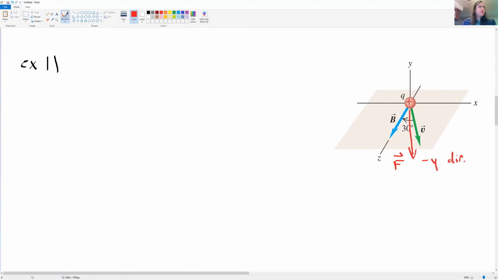Now let me give you guys some information. So suppose we have a beam of protons. Protons have a charge e, 1.6 times 10 to the negative 19 coulombs.